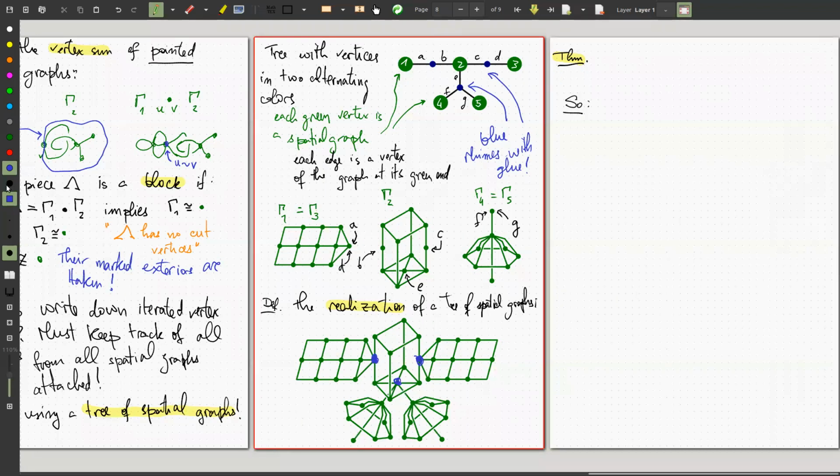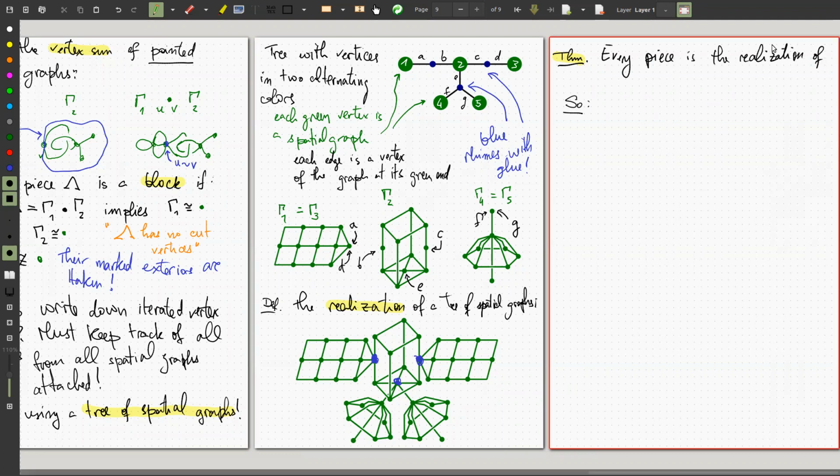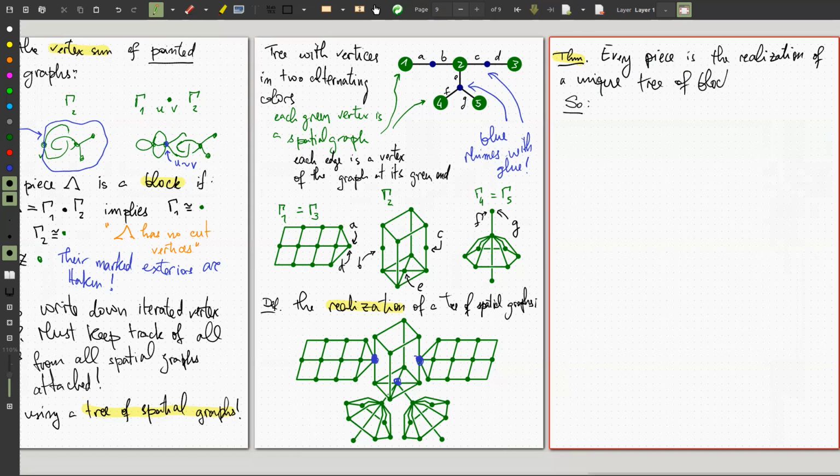And I'm about to finish the talk, because now we have something that I think we were happy enough with to call it a theorem. It's the statement that every piece is the realization of a unique tree of blocks.